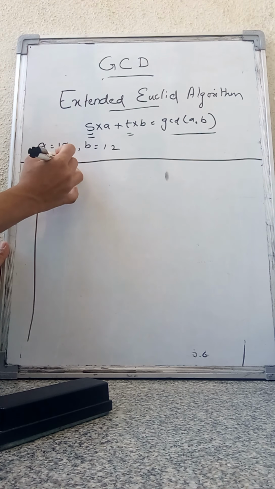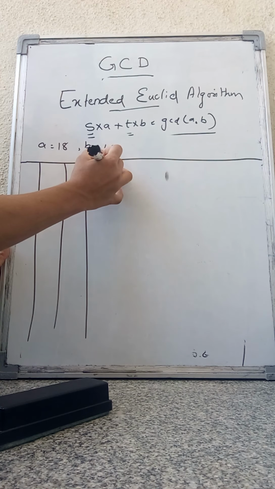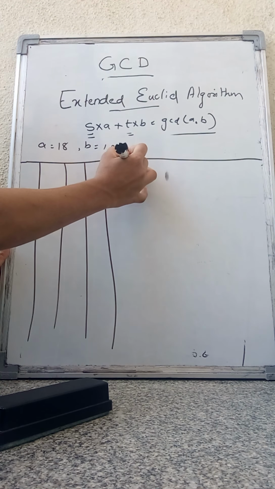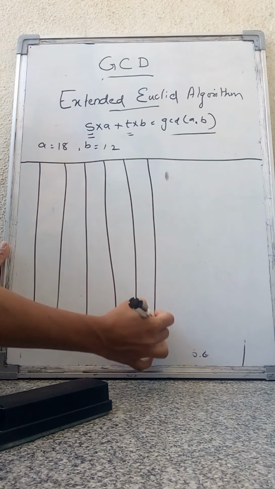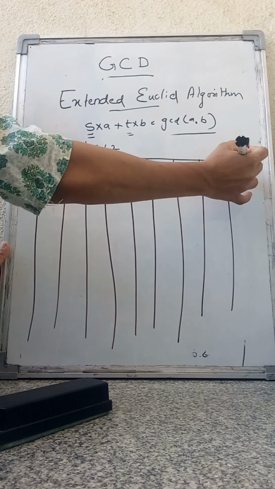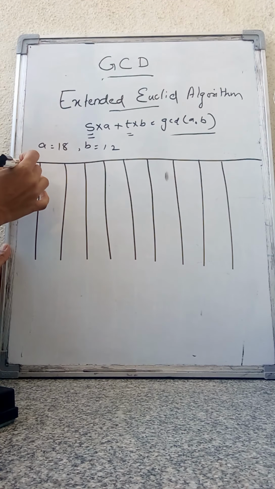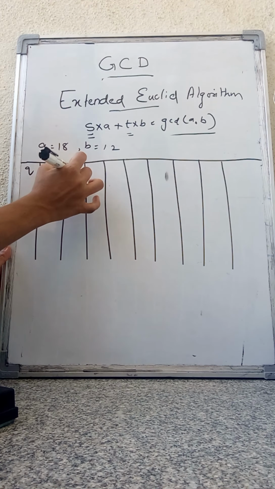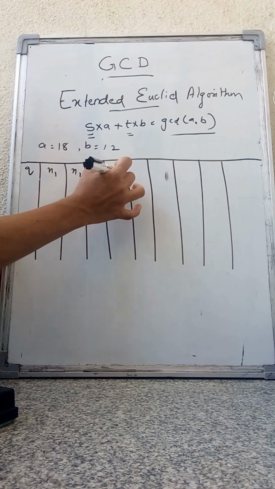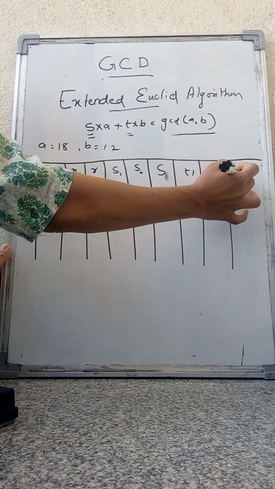You have q, n1, n2, r, s1, s2, s, t1, t2 and t.